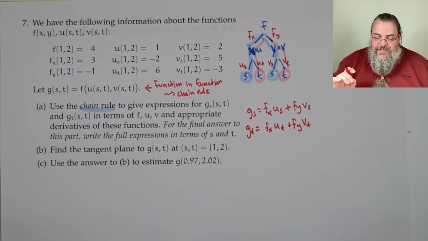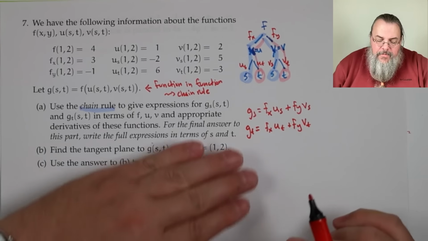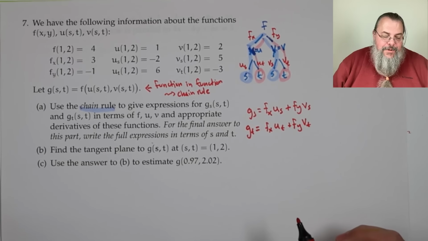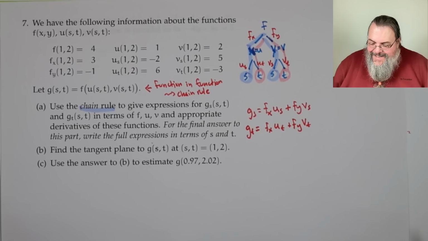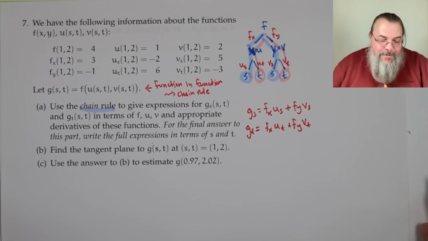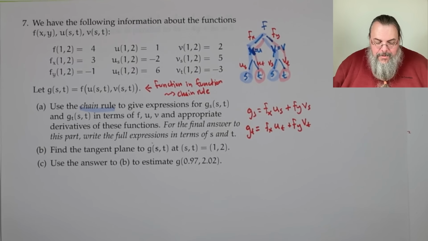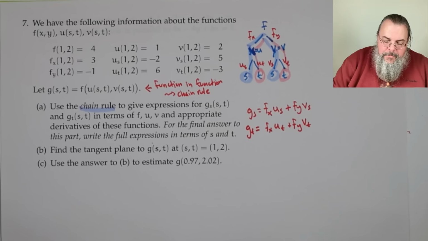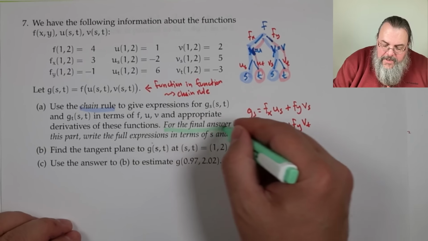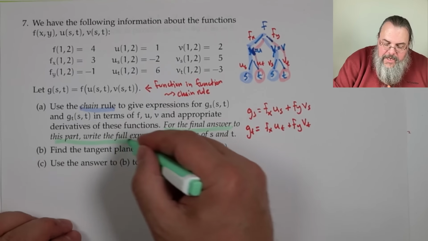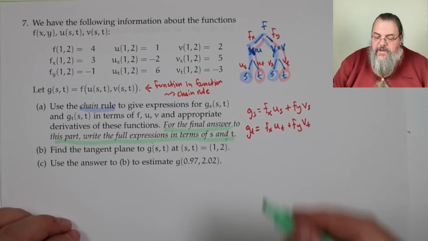Now that's really shorthand notation. And normally that's where we'd stop. But they asked us for one more thing. They said, hey, for the final answer to this part, write the full expressions in terms of s and t.